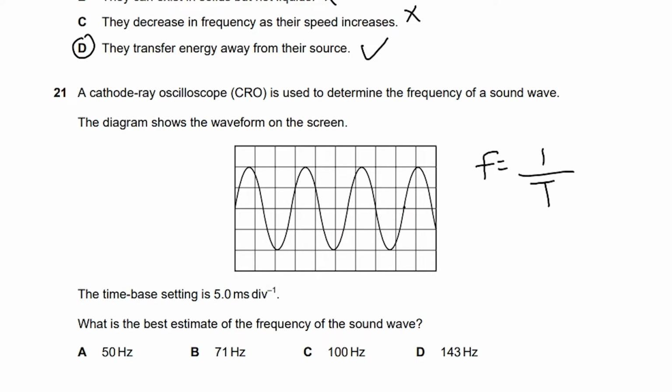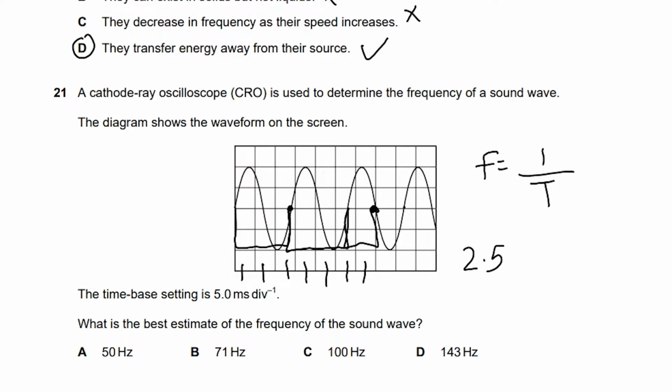Now, if we use this as the point and we find out the number of waves, so this is one wave, then this is another wave, and this is half a wave. So we have 2.5 waves till this point, and these 2.5 waves take how many seconds? Let's count the number of divisions. 1, 2, 3, 4, 5, 6, 7. 7 divisions.